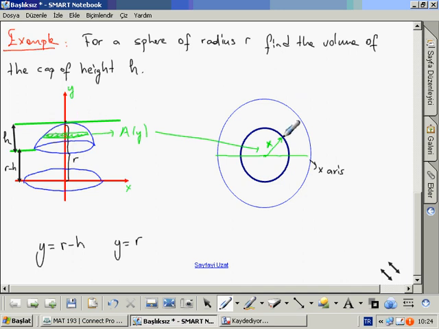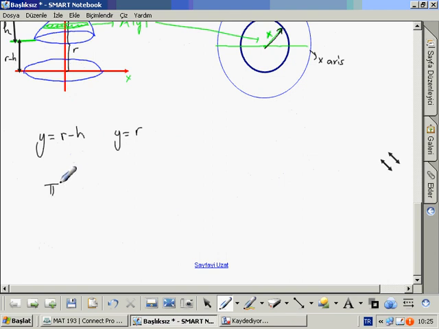You know that, as you see, these are the disks, which have radius x. It's a little easier to see that the radius will be x if we look at it from the top, as shown in the right sketch. Okay, and the area of this disk is then pi x squared, of course.